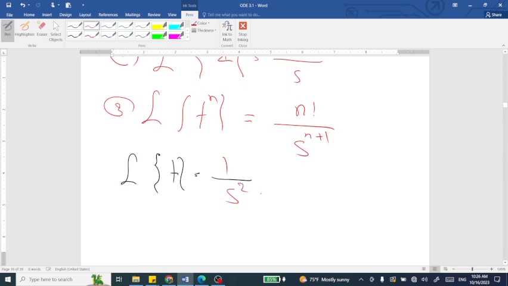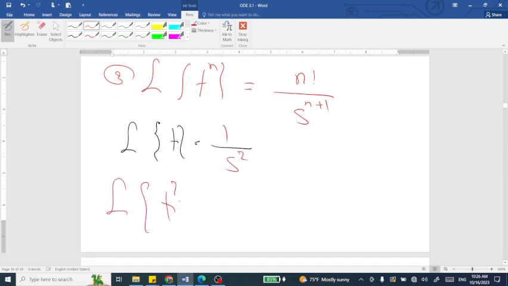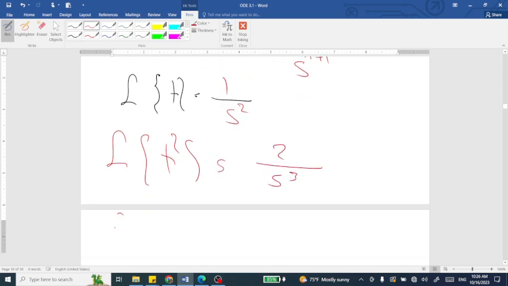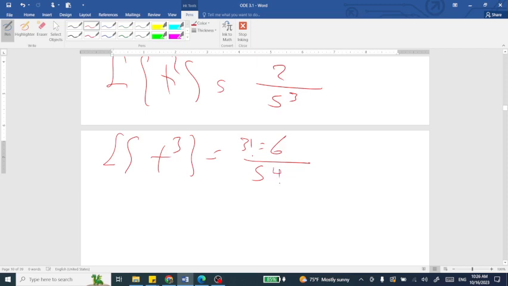For t squared, it is 2 factorial over s cubed, so 2 over s cubed. How about t cubed? It is 6, not 3: 3 factorial is 3 times 2 times 1, over s to the 4. Always the denominator is greater by 1.